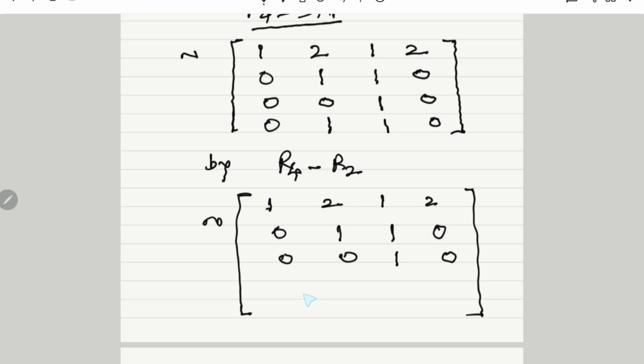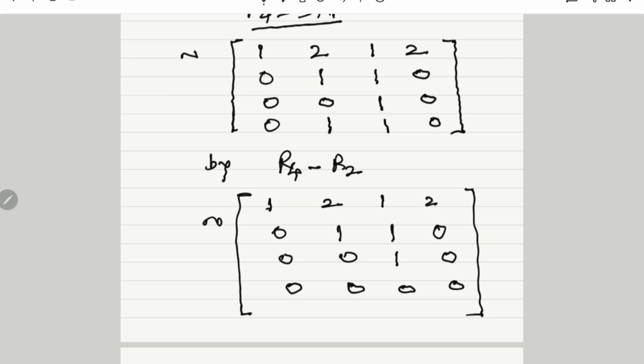Changes are in the fourth row by R4 minus R2, means from fourth row we have to subtract second row. Therefore 0 minus 0 we get 0, 1 minus 1 we get 0, 1 minus 1 again 0, and 0 minus 0 we get 0.